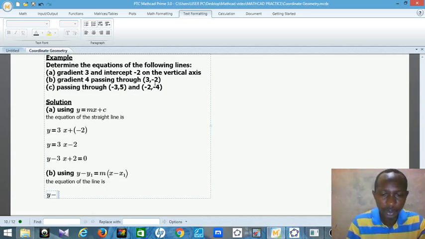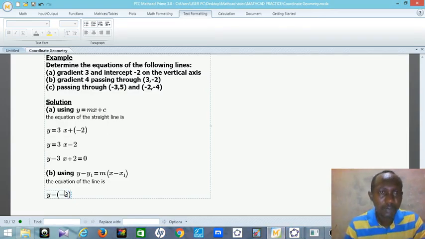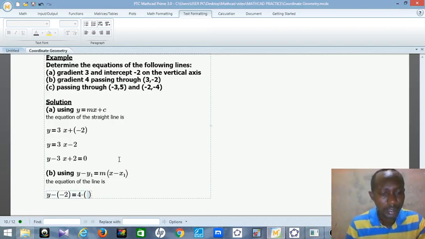You must put that minus 2 in brackets to avoid a clash of signs. So y minus minus 2 is equal to the gradient, 4, then you open your bracket, x minus x1, which is 3, so x minus 3.